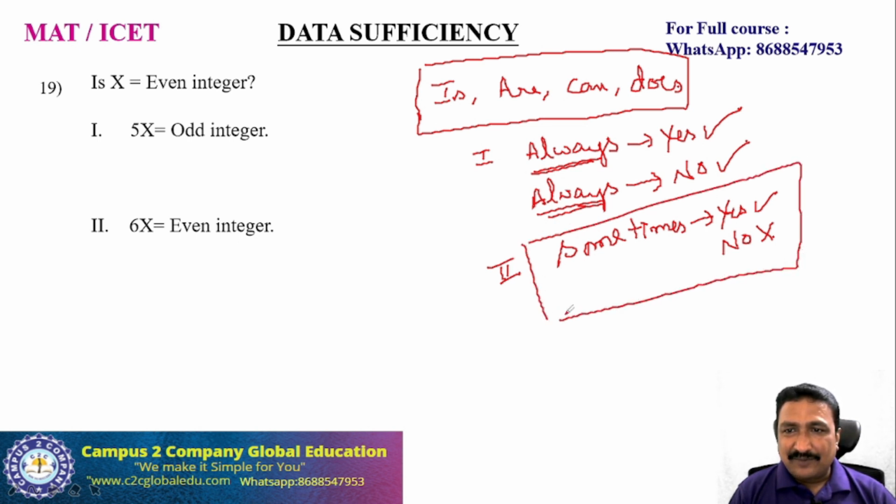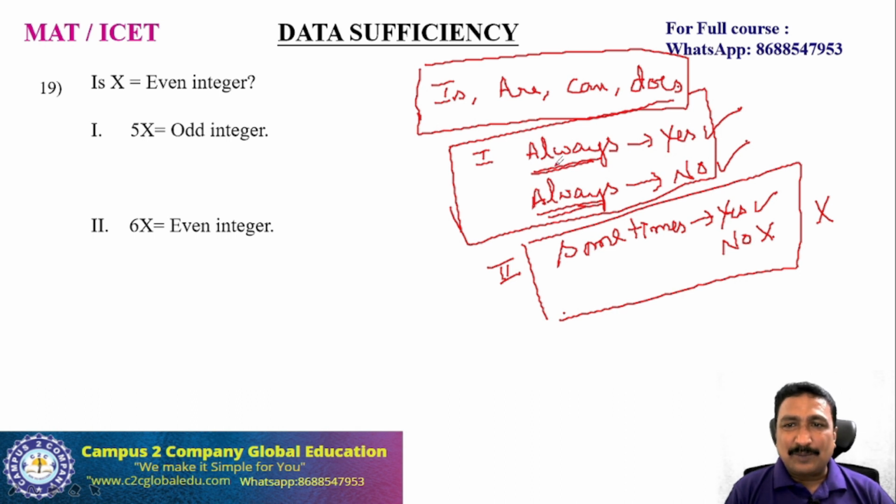Okay, students, whenever it is sometimes yes, sometimes no, in this case we cannot find. But whenever it is always yes or always no, in this case we can say the answer. So remember these two cases whenever you are getting is, can, does. If it is no, no problem, but it should be always. If it is yes, no problem, but it should be always.